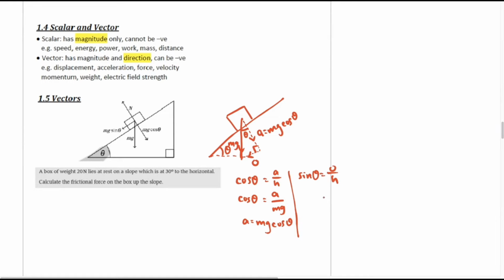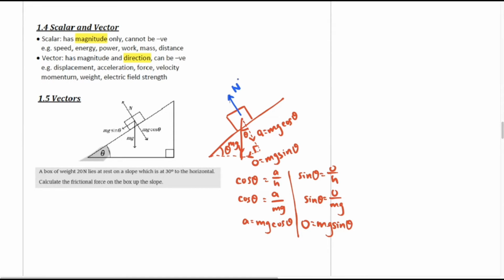The hypotenuse is mg, so the opposite is mg sin theta. So we have the adjacent and opposite found. And then we have another force here, this one. This is the normal reaction.